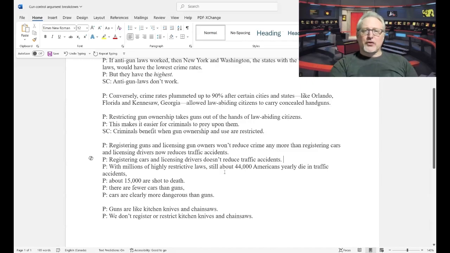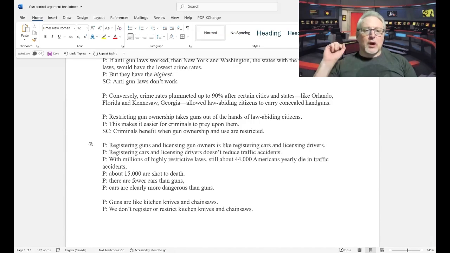Okay, so what about the comparison part? I said that in an argument by analogy, two things are compared. One thing is said to be like another thing. So what are the two things that are compared? Oh, I've already said registering guns and licensing gun owners is compared to registering cars and licensing drivers. So let's make that explicit. Registering guns and licensing gun owners is like registering cars and licensing drivers.